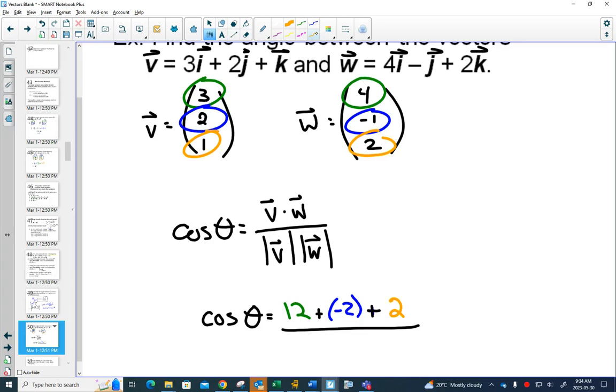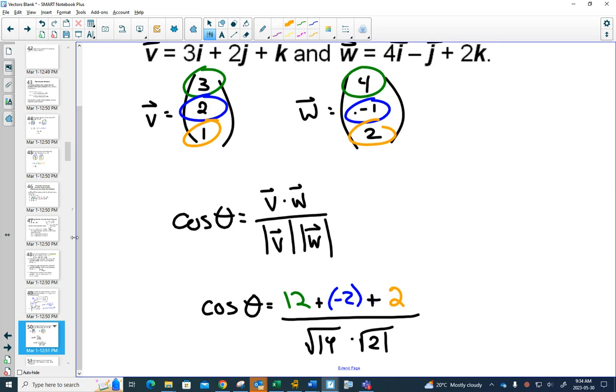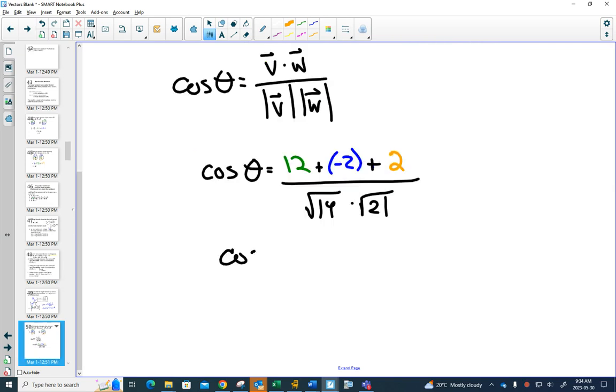So 9 plus 4 plus 1, square root of 14. And 16 plus 1 plus 4, square root of 21. And so we have, after simplifying this, that cos of theta is 12 over root 14 times root 21.